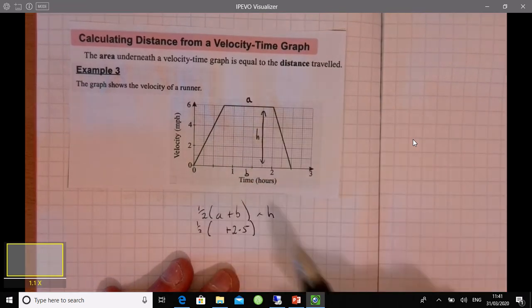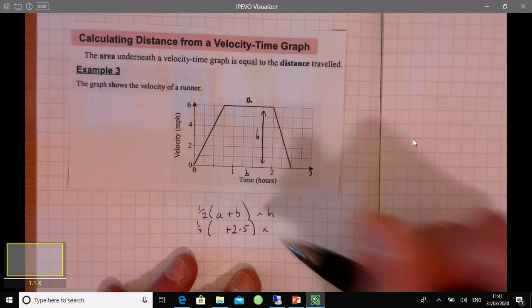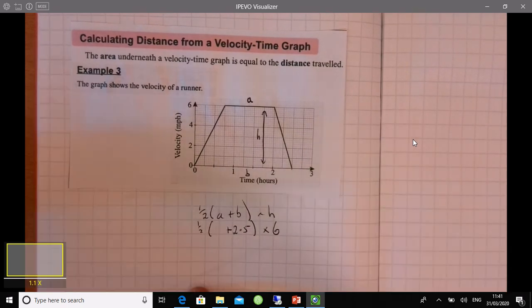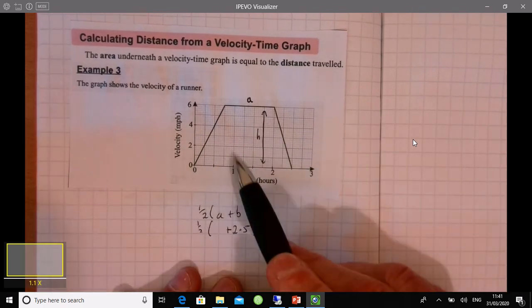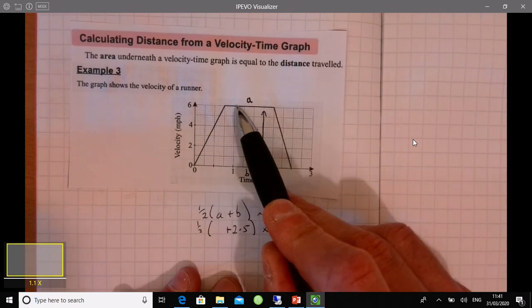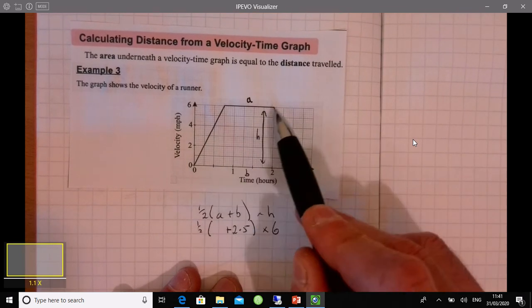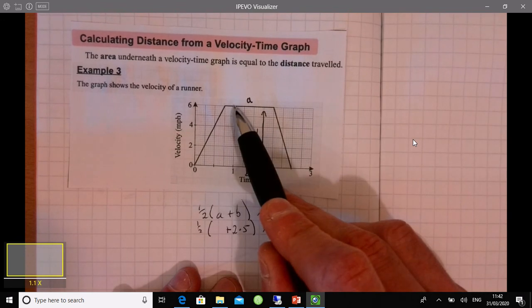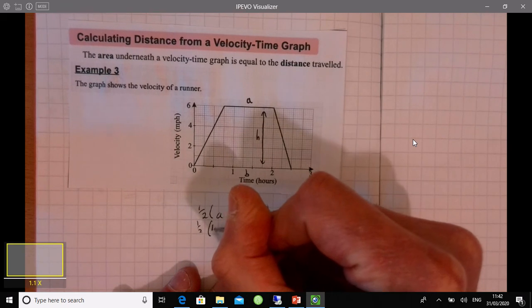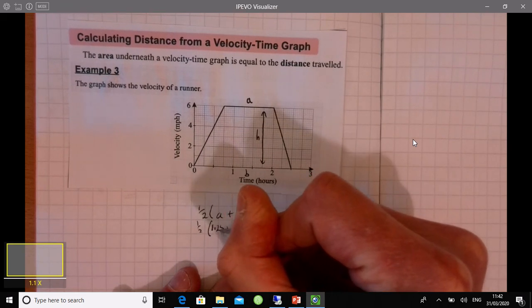And then we've got our height is 6, and then A actually is 1.25. Remember, it's time, and time we need to actually put down as decimal.